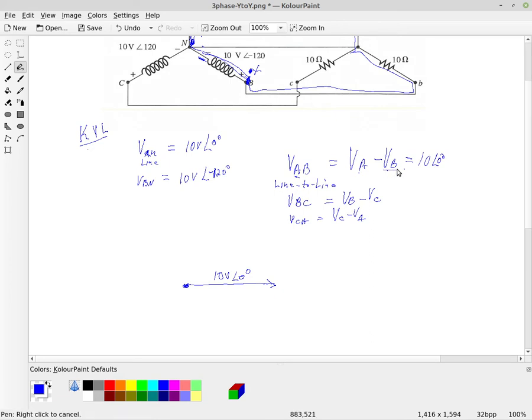And VB is 10 volts, but we're subtracting VB here. The magnitude is 10 volts, but it's at minus 120 degrees. Okay, so we're going to subtract that.